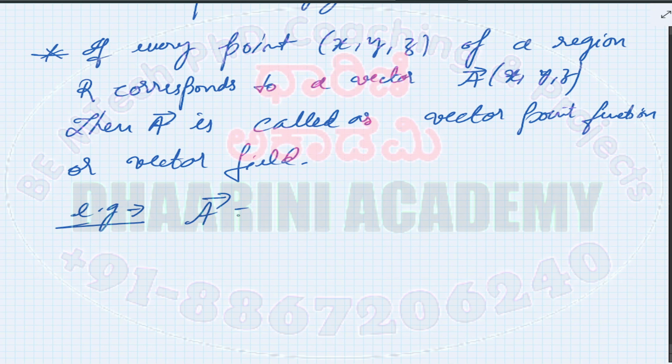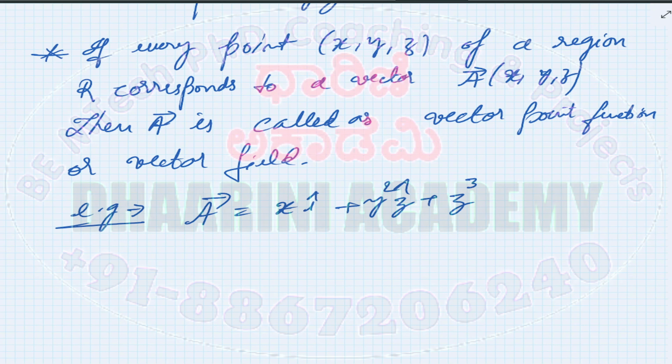For example, vector A is equal to x into i cap, maybe, plus y square into j cap plus z cube into k cap, right? My mistake, I'll just correct this: this is not z cap, this is j cap. You can see that this particular function what we are writing is a vector. That's why this vector A is called a vector field, or the other name is vector point function.